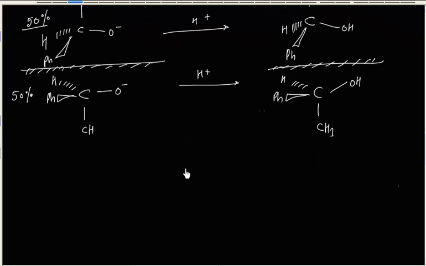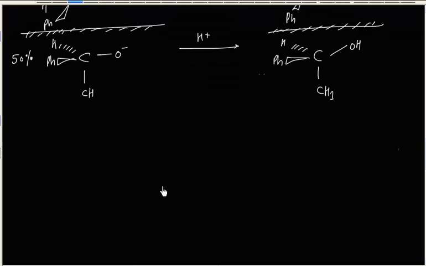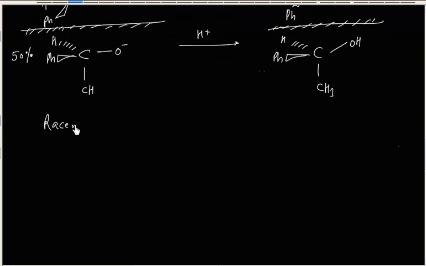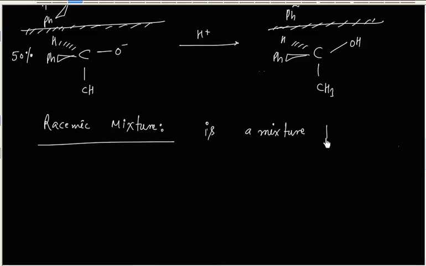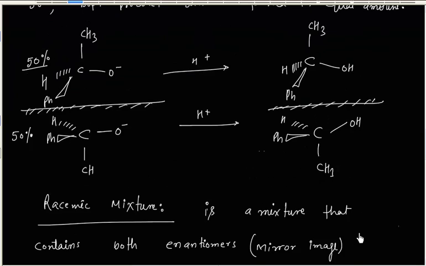So we can say the final product is a racemic mixture. So what is a racemic mixture? A racemic mixture is a mixture that contains both enantiomers, that is basically mirror images.